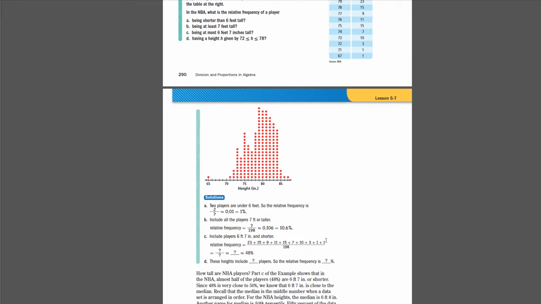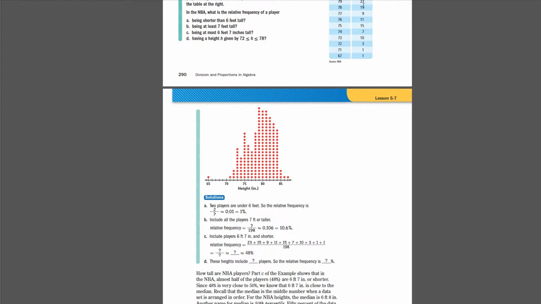What about for D? This is giving us a range, where the values are greater than or equal to 72 inches and less than or equal to 78 inches tall. So we've got to look at how many players are in this 72 to 78 range.